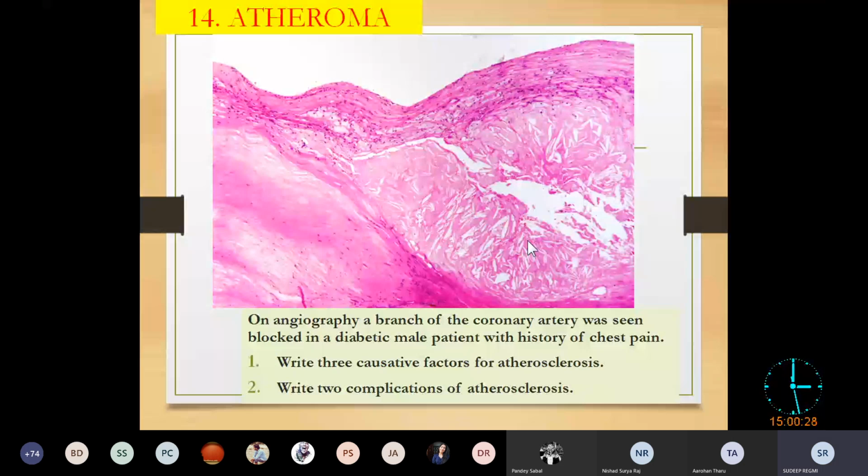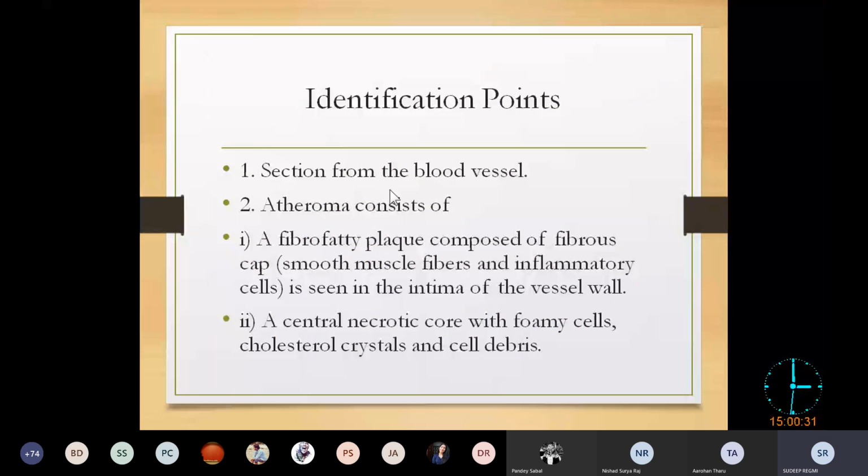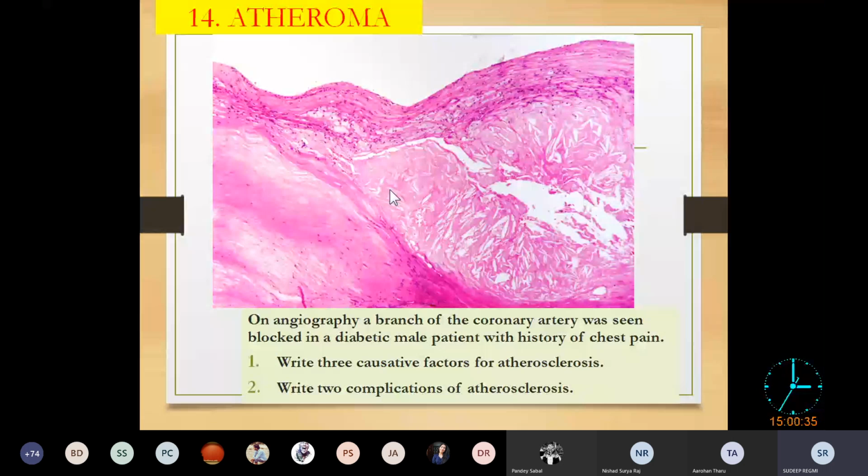So what are the parts of an atheroma? What are the things we can see in an atheroma? At the top, we can see the fibrous cap. Very good. We can see the proliferation of smooth muscle cells.